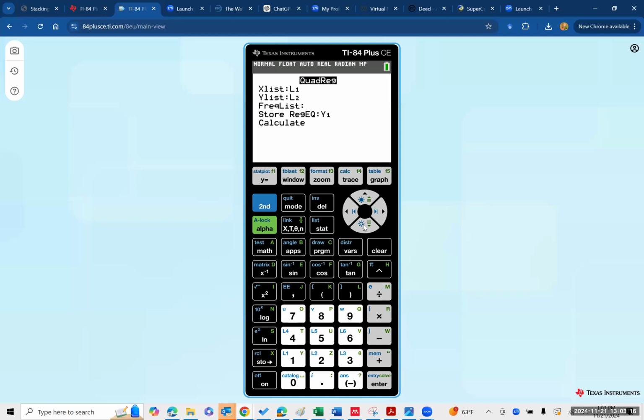And I want it stored for me in Y1. It is stored here, but I think I'm going to have to redo it. So stat, calc, quadratic regression, and it's already stored, but we'll go ahead and have it redo it. Okay, so we'll compute it.